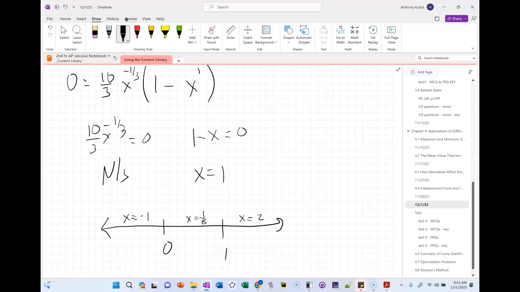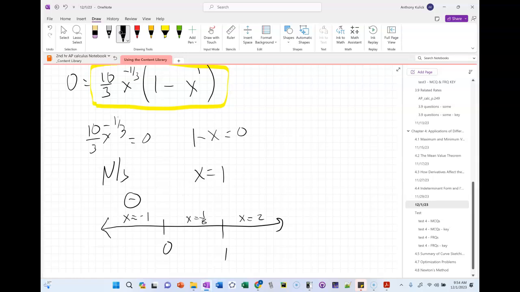All right, so I'm going to plug this into the factored form of f prime. When I plug negative 1 in, the cube root of a negative is negative, and 1 minus a negative 1 is positive, and a positive times a negative is negative.